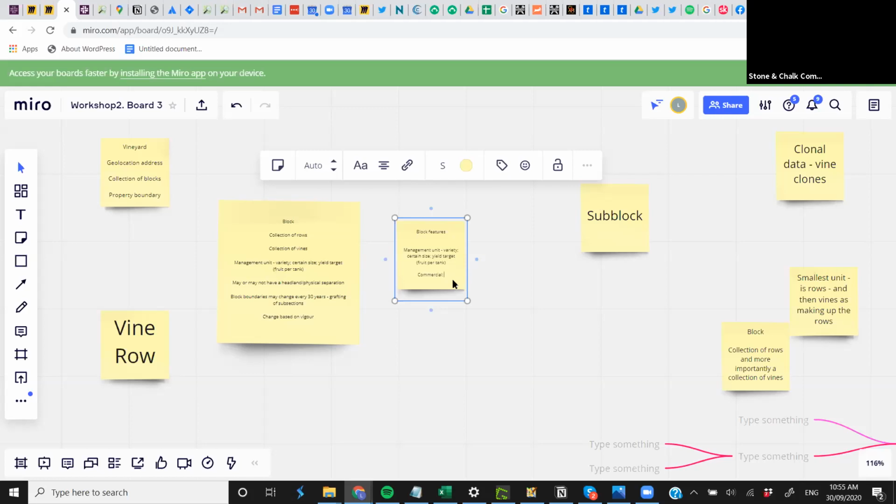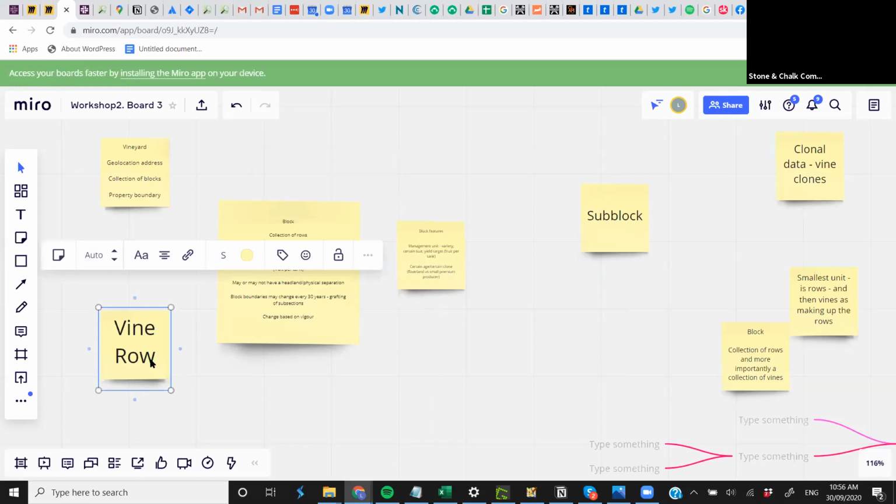People generally buy that block which is of a certain age or a certain clone. But bigger commercial vineyards in the Riverland will probably have a very different outlook to what we would as a small premium producer. I think your management practices can change more so than the actual definitions of that block.